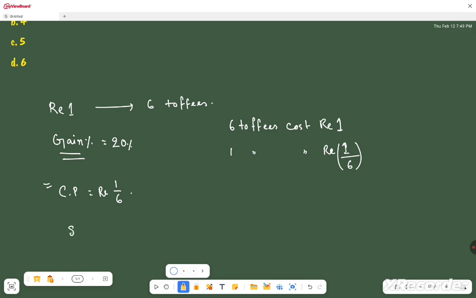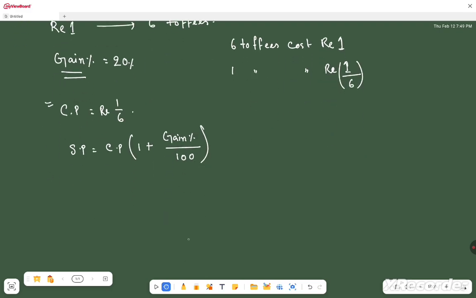We know the formula: SP is equal to CP into 1 plus gain percentage by 100. So putting CP, 1 by 6 into 1 plus 20 by 100, which is 1 by 5.